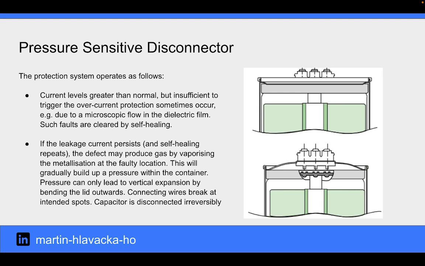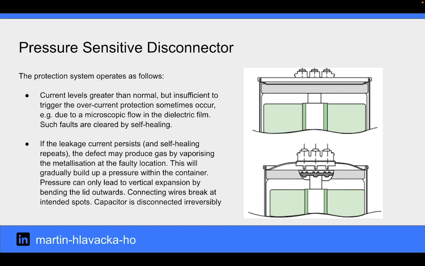The pressure-sensitive disconnector works as follows. Sometimes higher than normal current levels occur, but insufficient to activate overcurrent protection. These failures are resolved through self-healing. If the leakage current persists and self-healing repeats, the defect can produce gas by vaporizing the metallization at the defect location.